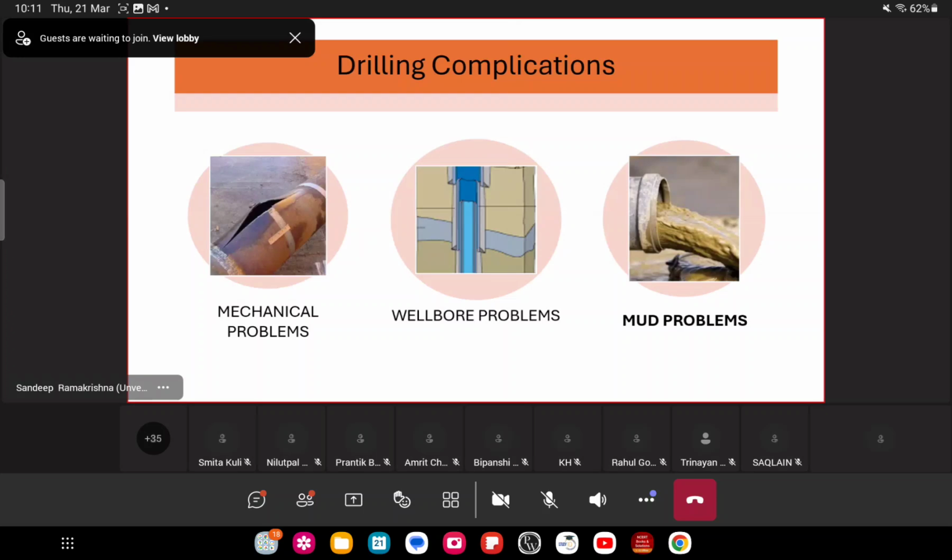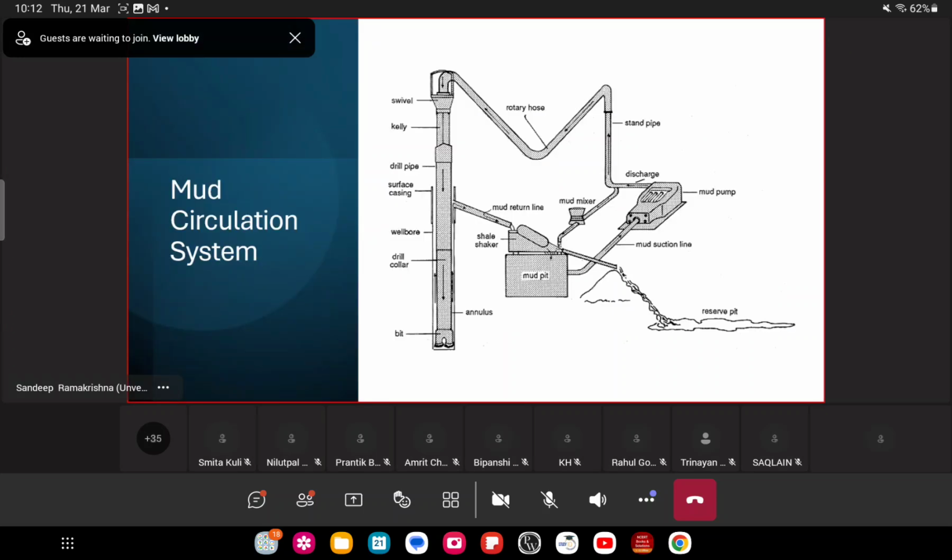When we talk about mud problems, the very first thing you've got to revisit is the circulation system, right? And you can see we'll start from the bit because that's where we are drilling.